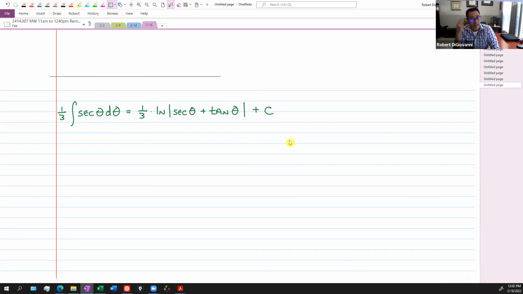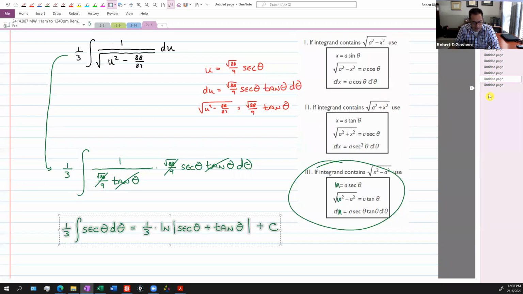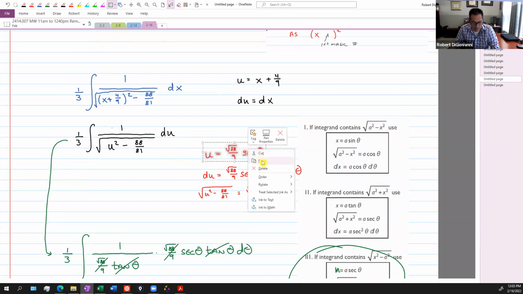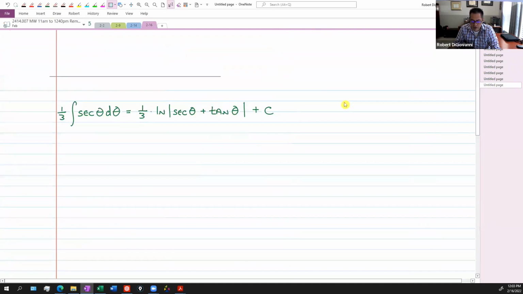And now I've got to get back to x, right? And so to get back to x, I need to know what secant of theta is and tangent of theta is. So I go back to where I did my trig sub. Here was my trig sub right here. And notice in my trig sub, I have the variable u, not the variable x. So what I can do here is multiply both sides by 9 and divide both sides by root 88.